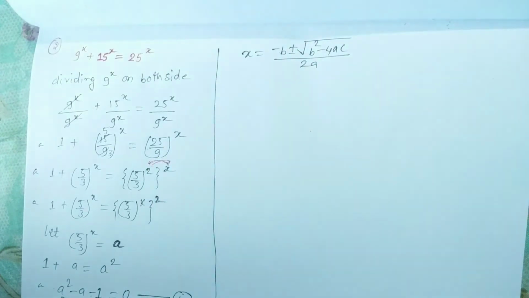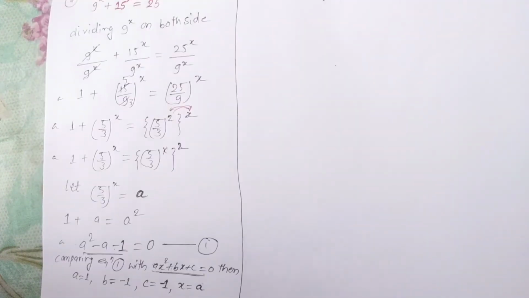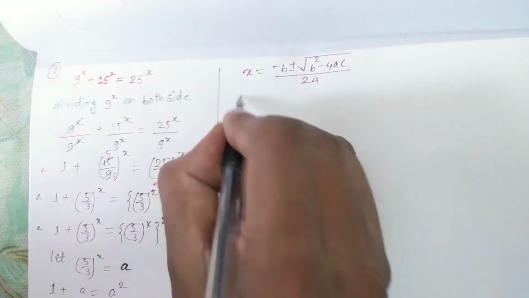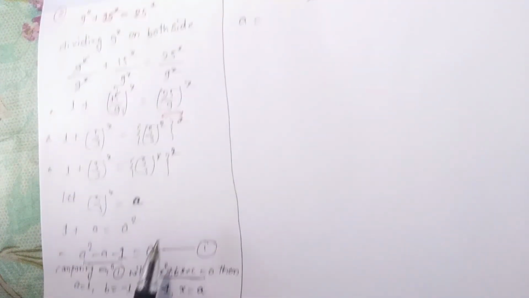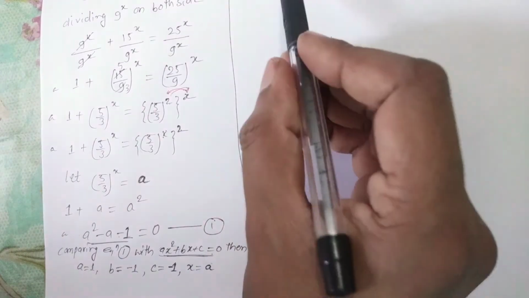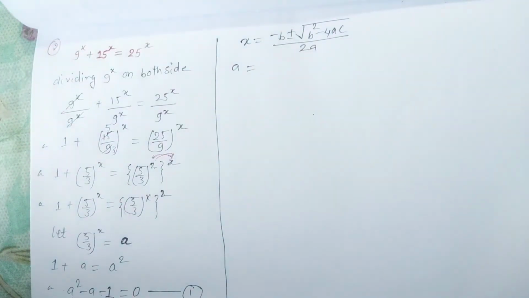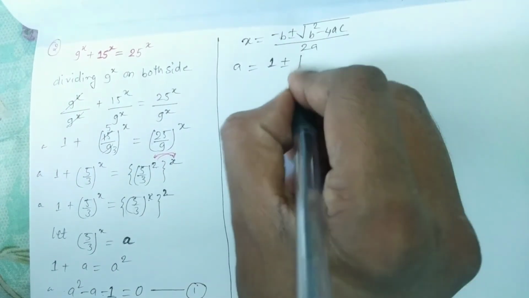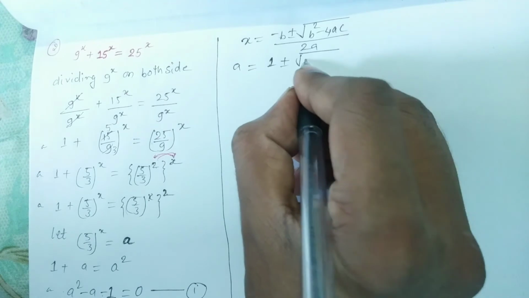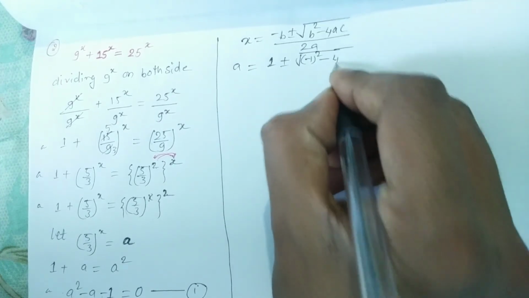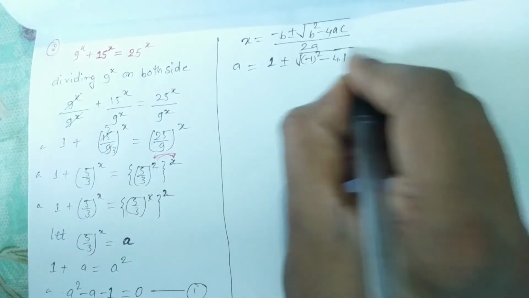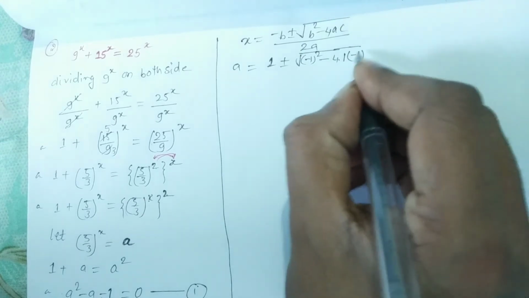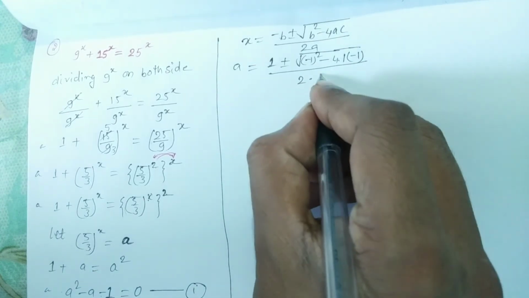We do not have x in the original equation 1, we have a variable a, so we write a is equal to -b, and the value of b is -1, so negative and negative will be +1, then plus minus square root of b square minus 4ac, means -1 whole square minus 4 times a, value of a is 1, and then c, value of c is -1, divided by 2 times a, the value of a is 1.